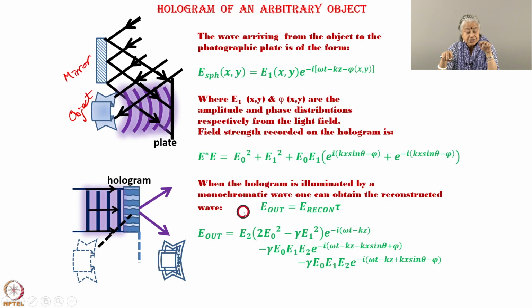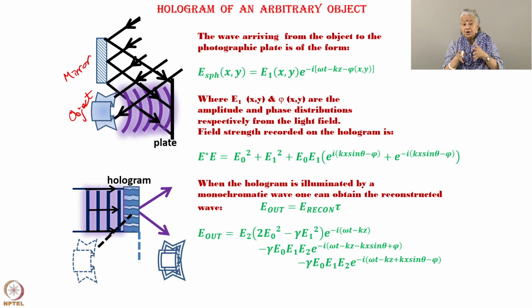I just write monochromatic here because when you are illuminating the hologram, you need not have the same frequency as your reference or the signal wave. You've already done the recording with a reference wave and a signal wave.